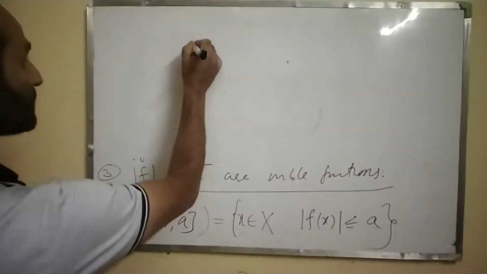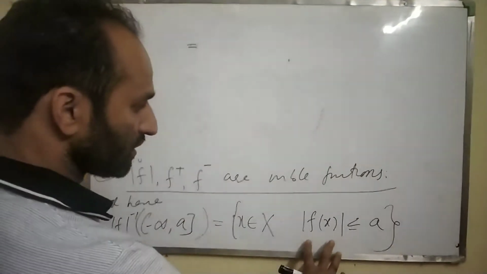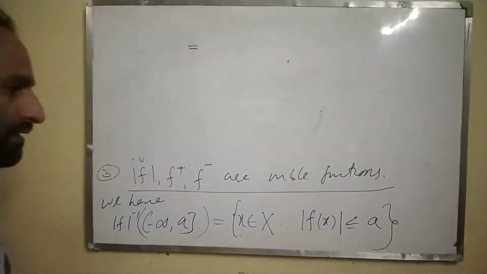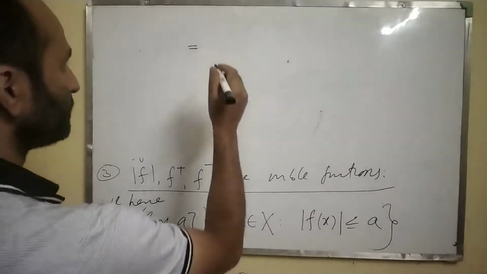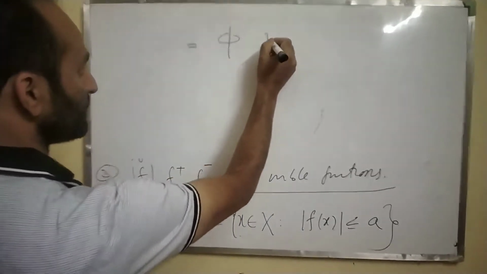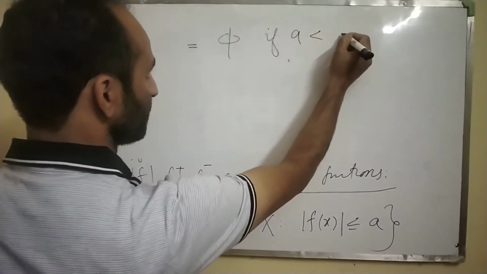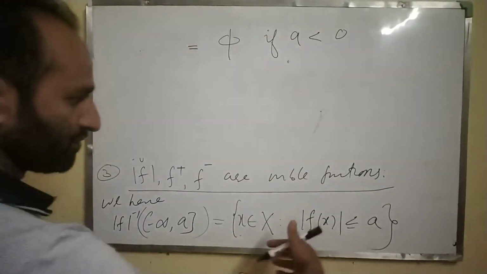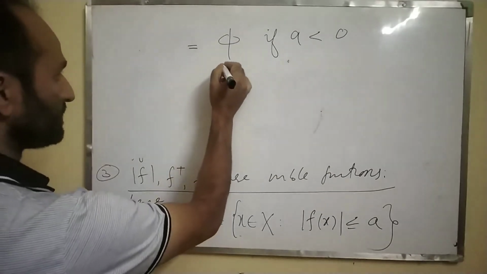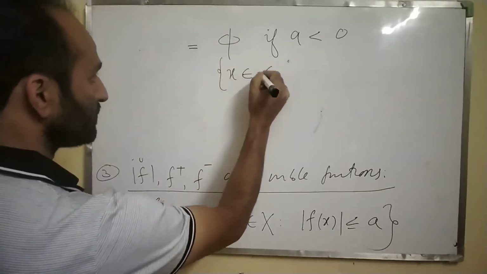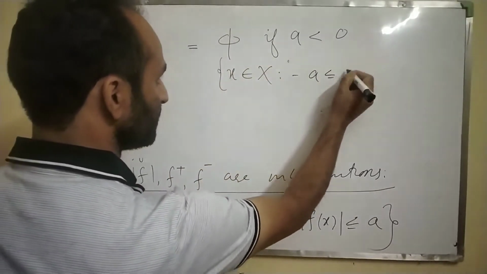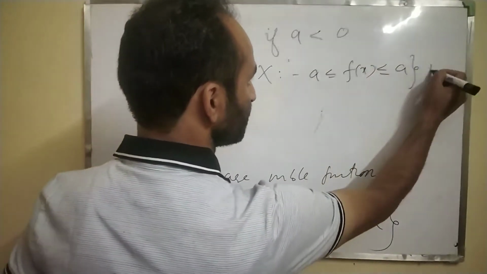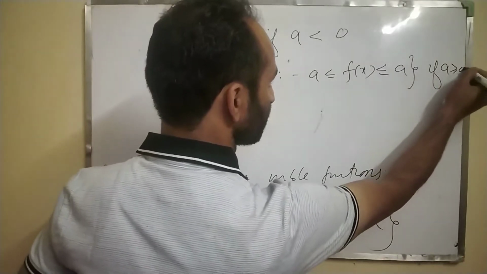You can see, since mod is always a non-negative number, therefore if a is a negative number, then this set will be the empty set. So it's equal to the phi set if a is negative. And if a is positive, then it lies between minus a and plus a, and it's equal to x such that minus a less or equal to f of x less or equal to a if a is greater or equal to 0.